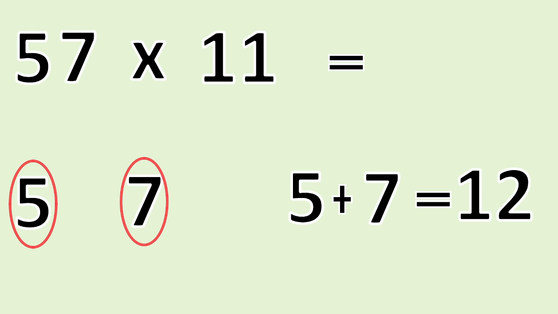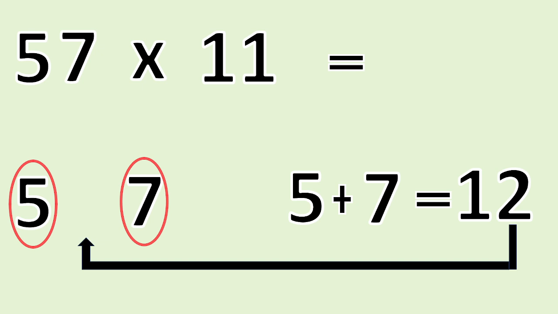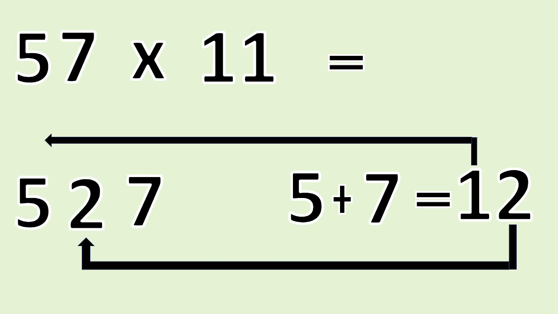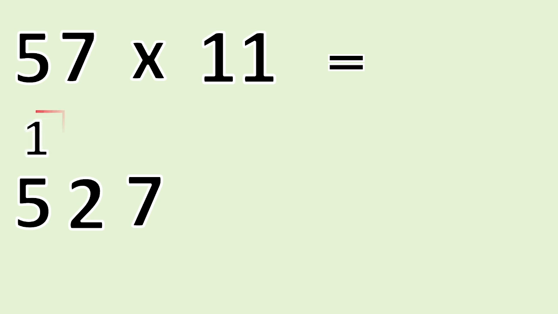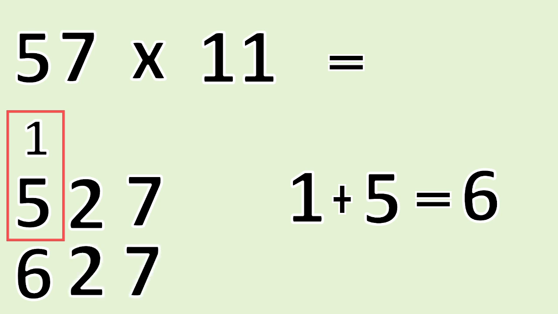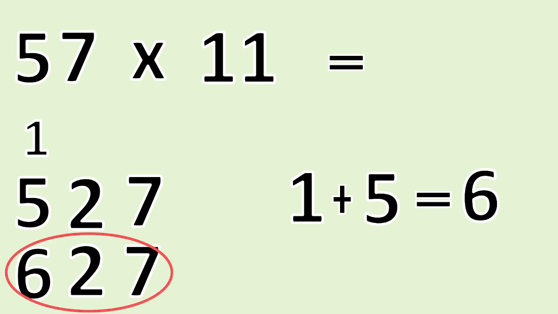Since 12 is greater than 9, place the 2 in between the 5 and the 7, and carry over 1 to the 5. Add the carried over 1 to the 5. So 1 plus 5 equals 6. Bring down 2 and 7. The answer is 627. So 57 times 11 equals 627.